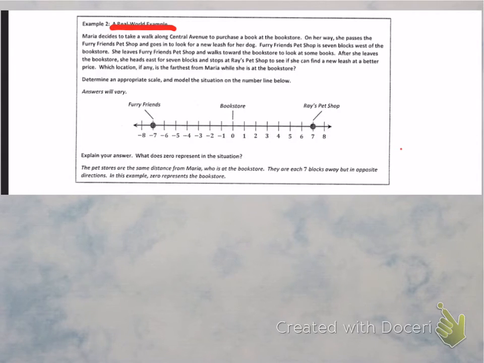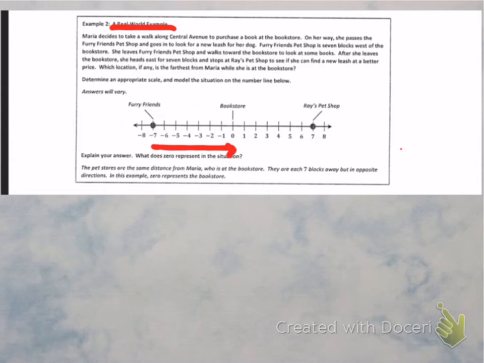So if Maria decides to take a walk along Central Avenue to purchase a book at the bookstore. On her way, she passes Furry Friend's pet shop and goes in to look for a new leash for her dog. Furry Friend's pet shop is 7 blocks west of the bookstore.